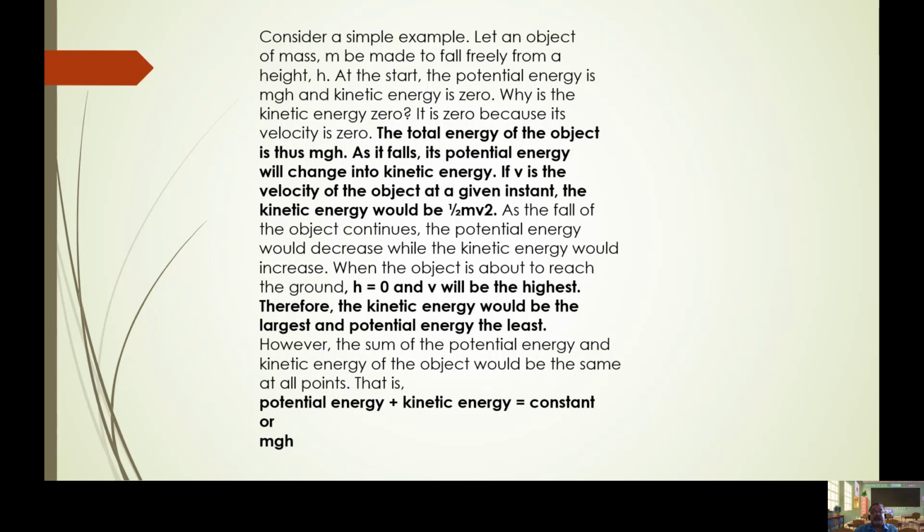Therefore, kinetic energy would reach its largest and potential energy its least. However, the sum of the potential energy and the kinetic energy of the object would be the same at all points. That is, potential energy plus kinetic energy is equal to a constant, mgh.